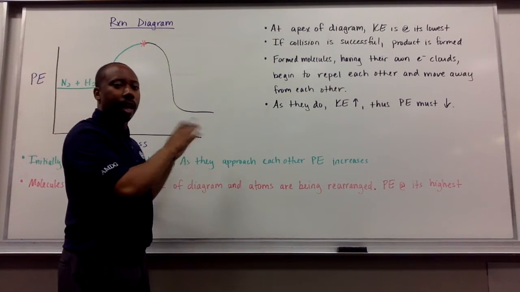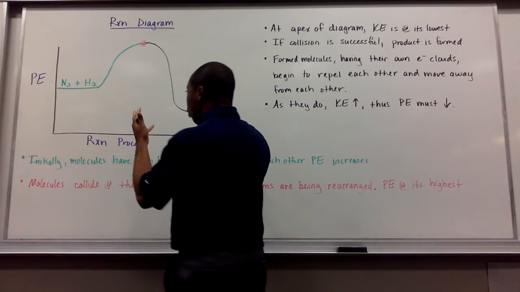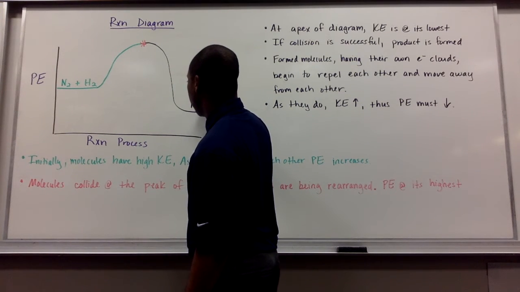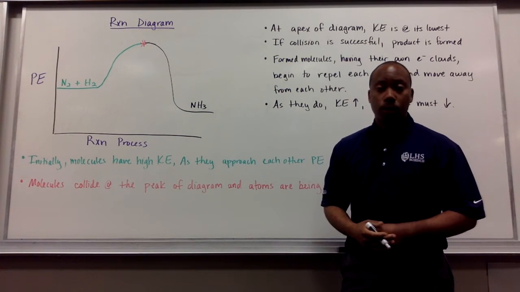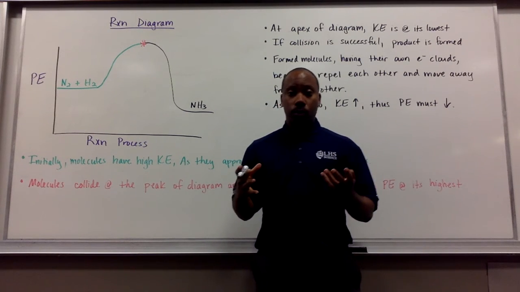We'll talk about the leveling out and why that happens in class. But this represents the energy of my product, in this case, NH3. So this is the journey energetically of the molecules.